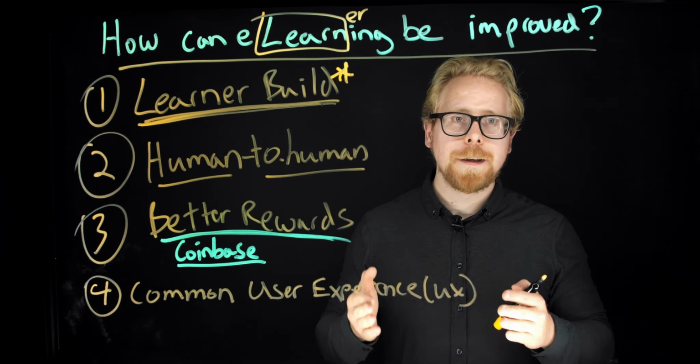And when I say returns, I mean refunds, the less refunds that you're going to have to give. Common user experience. Match the UX that your learners are already used to.